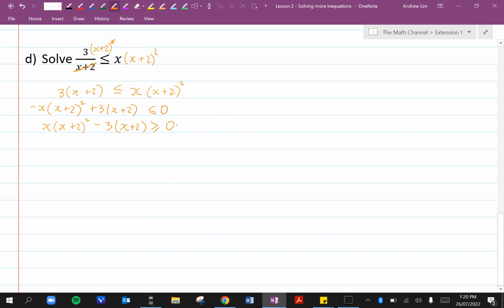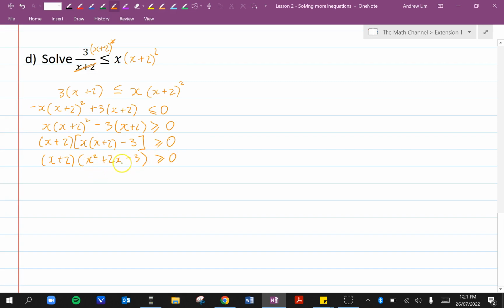Now I can factorize my common factor of x plus 2, leaving me with x lots of x plus 2 minus 3 is greater than or equal to 0. Let's tidy this up. x plus 2, x squared plus 2x minus 3 is greater than or equal to 0.